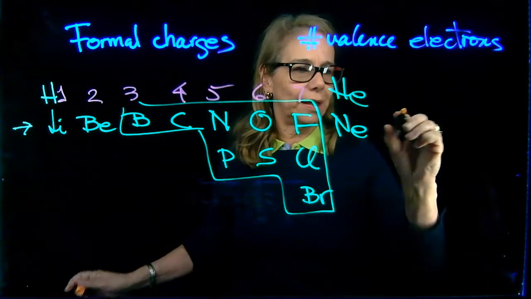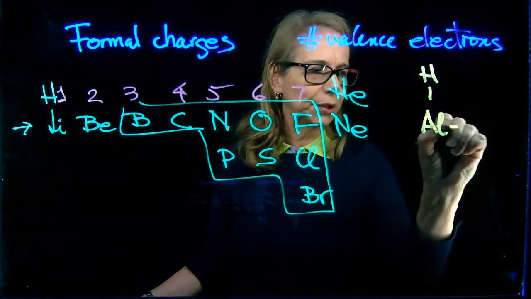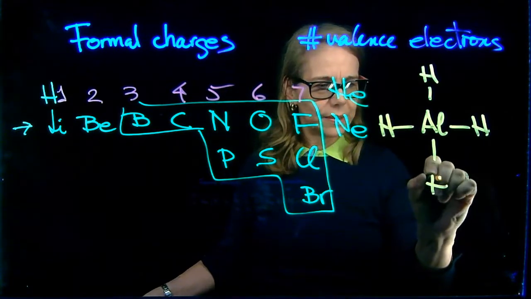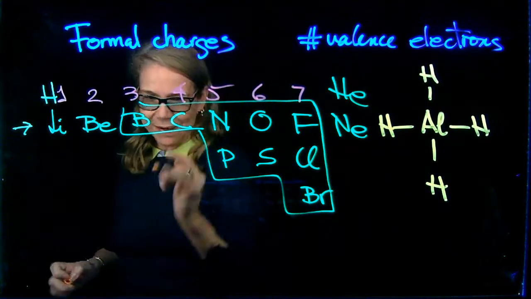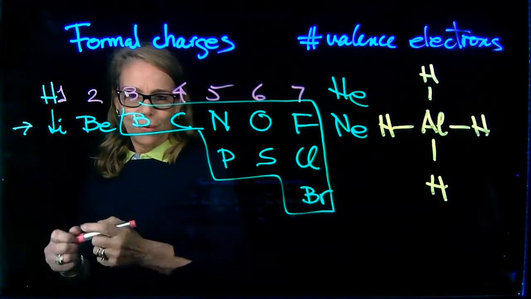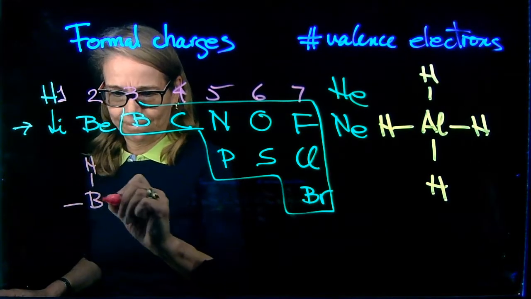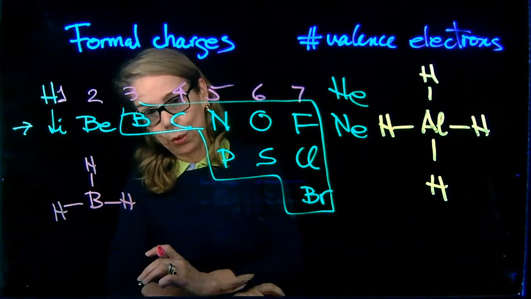So first thing, let's say that I have aluminum here. And well, aluminum I don't have there. But I'm going to pick another similar example. Let's leave that for a moment and do borane. That's the Lewis structure of borane.